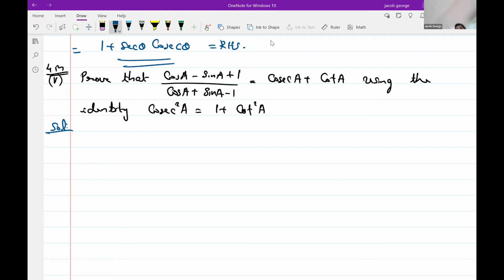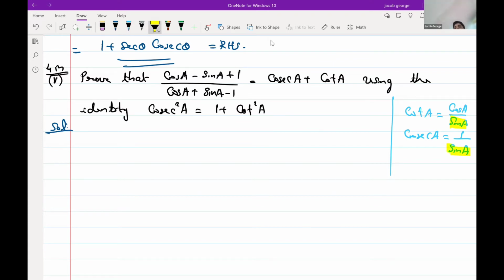We all know, what is cot A equal to? Cot A is cos A by sin A. And cosec A is the reciprocal of sin A, right? 1 by sin A. So to convert to cot and cosec, we should get sin A in the denominator.